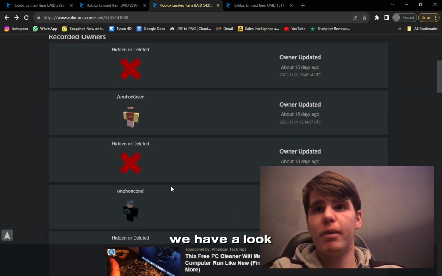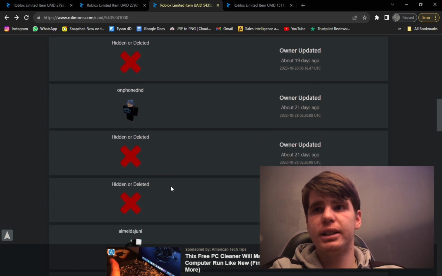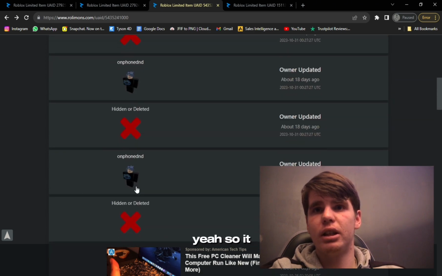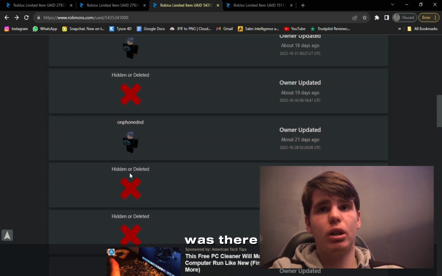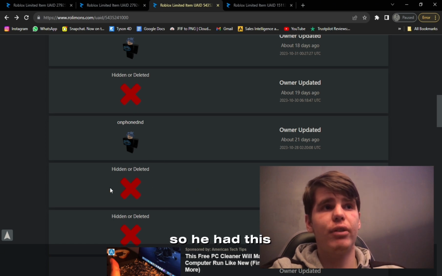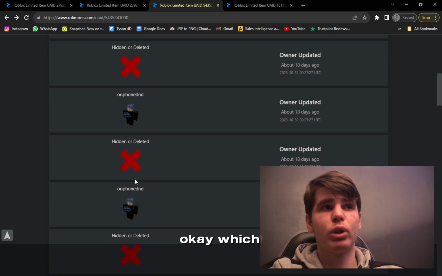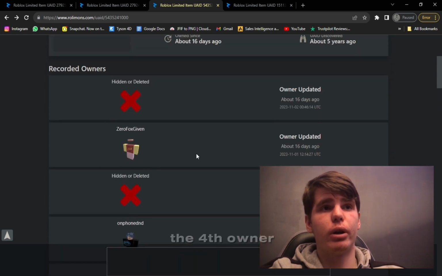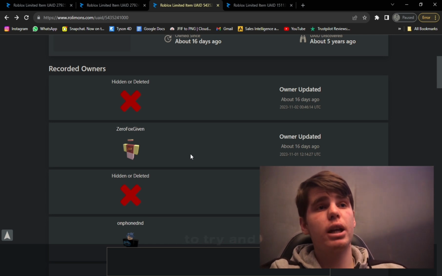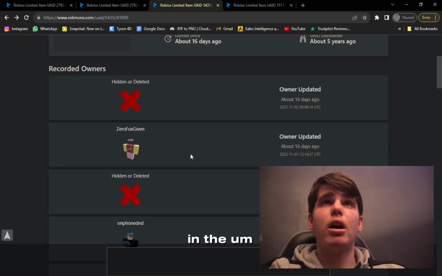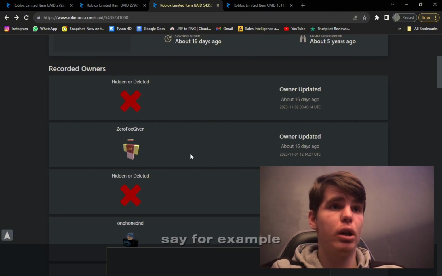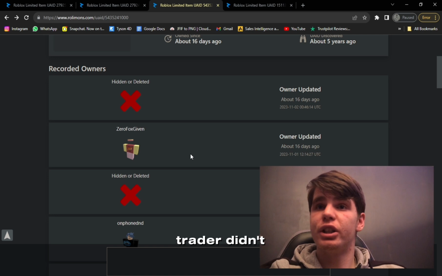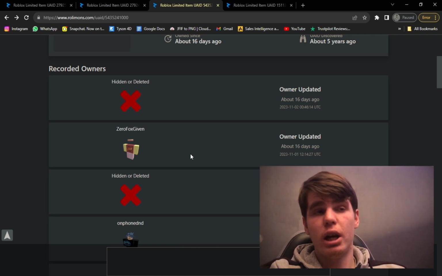Now if we have a look, here's the thing: there was a user before him, and he USD bought it to this user, which means Callum was the fourth owner. You want to try and get limited in the first or second ownership of when it's against terms of service, because let's say the legit trader didn't ask for a rollback but the USD buyer did, they're not going to delete it.